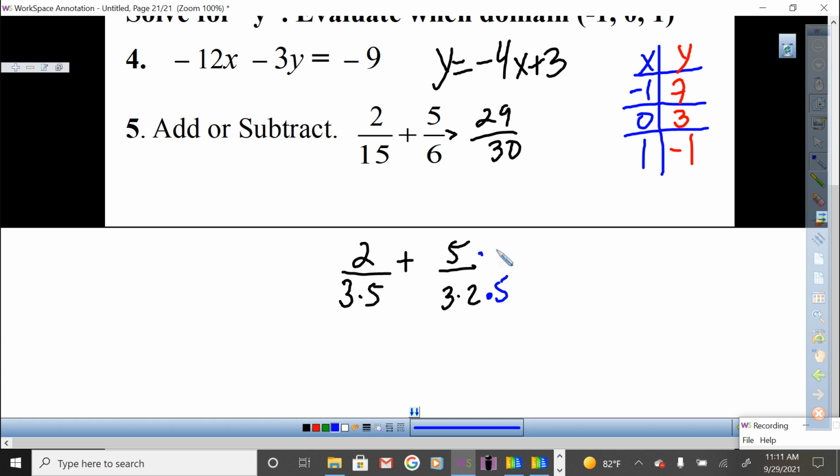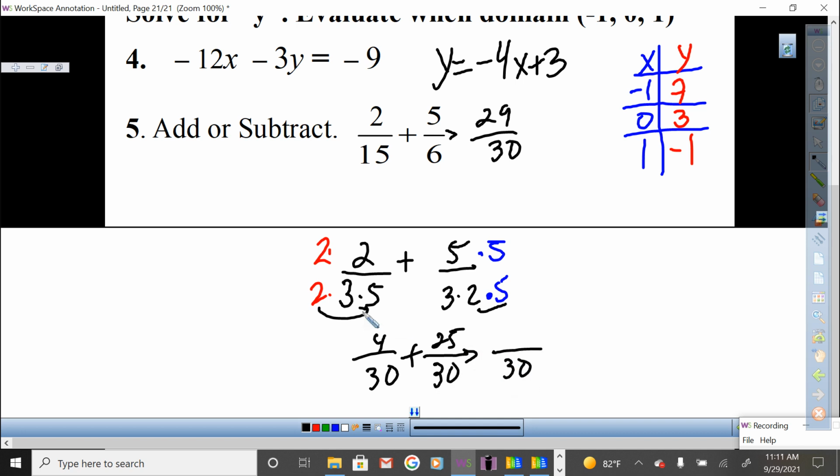A 5. What does this one need? A 2. So, 2 times 2 is 4, 2 times 5 is 10 times 3, that's 30. 5 times 5 is 25, 2 times 5 is 10 times 3, that's 30. One fraction, that's 29 over 30. And there you go.